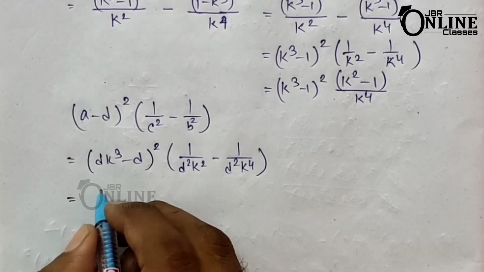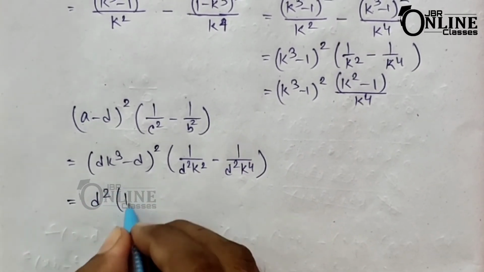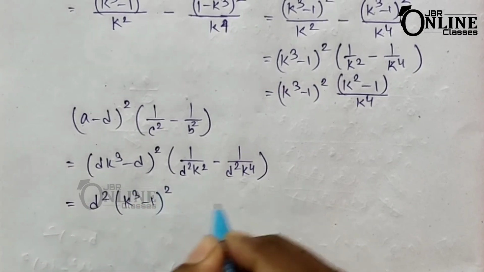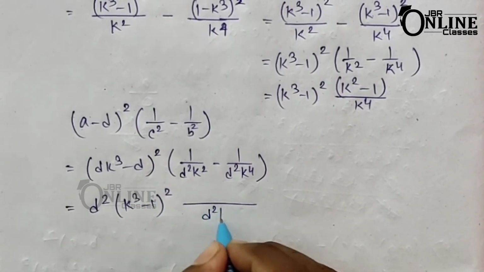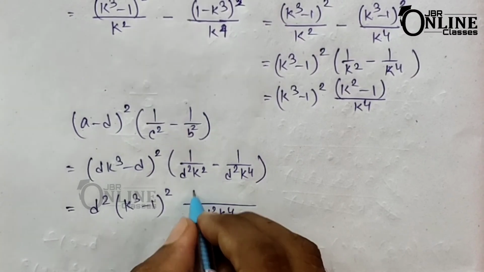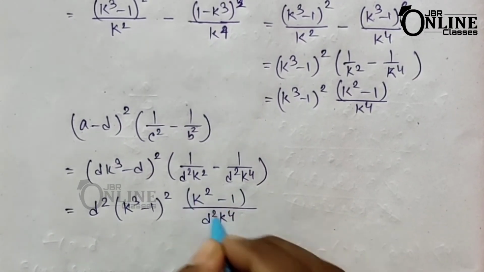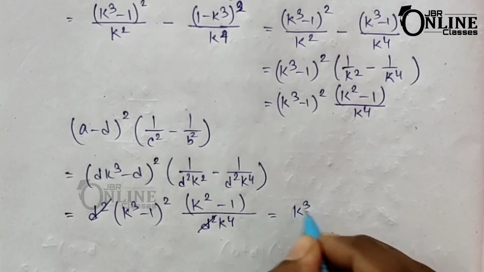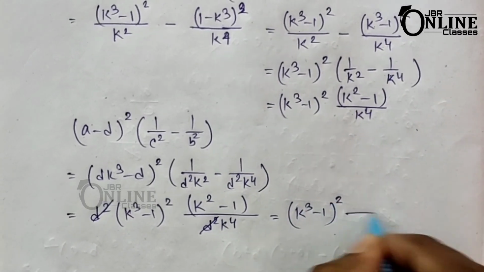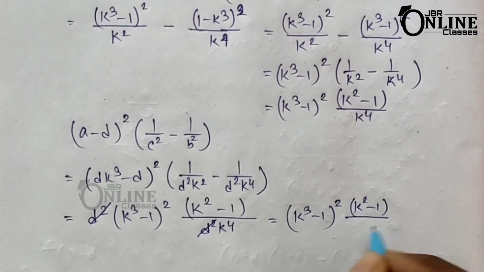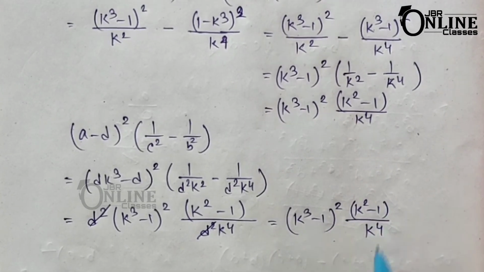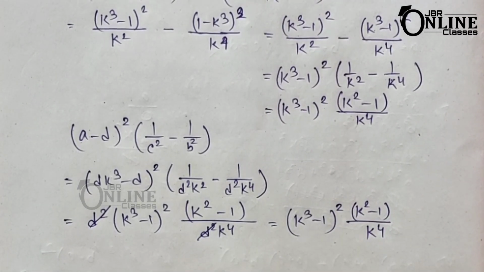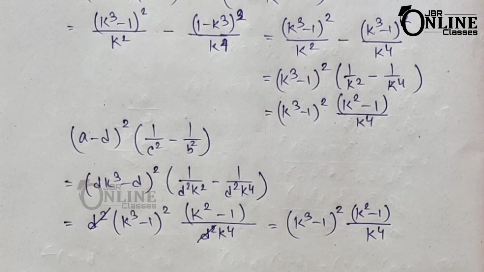So d is common, so d square, and it's k cube minus 1 whole square. Now d square k to the power 4 is the LCM, so k square minus 1. Now d square cancels out, so it will be k cube minus 1 whole square into k square minus 1 divided by k to the power 4. So LHS equals RHS.